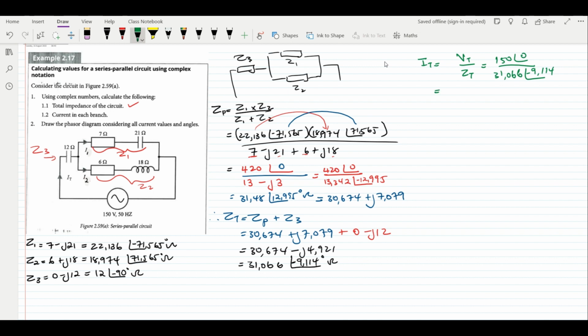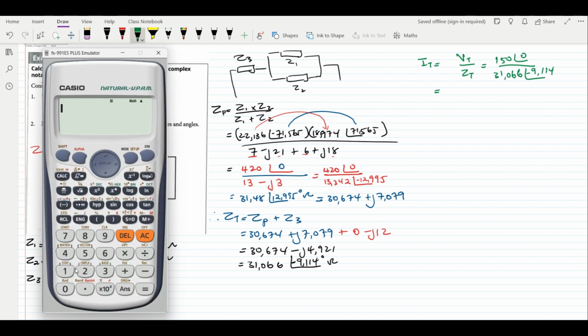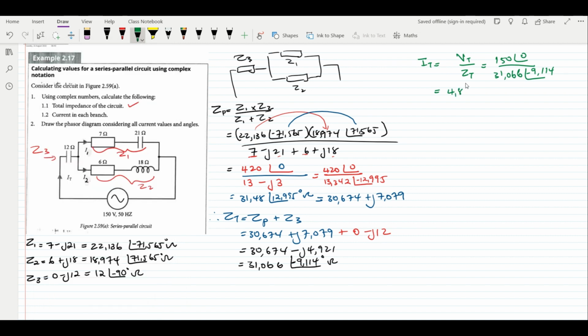And then we punch that in now. We're going to get 150 divided by 31.066. Just like that, we get 4.828 at an angle of positive 9.114 degrees amperes.